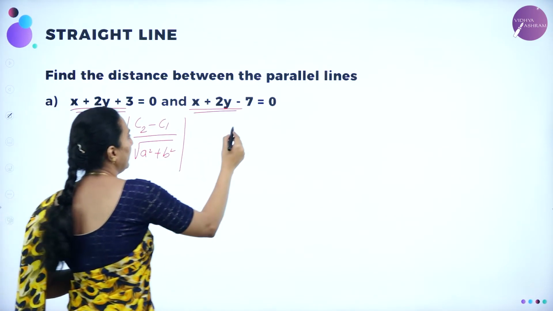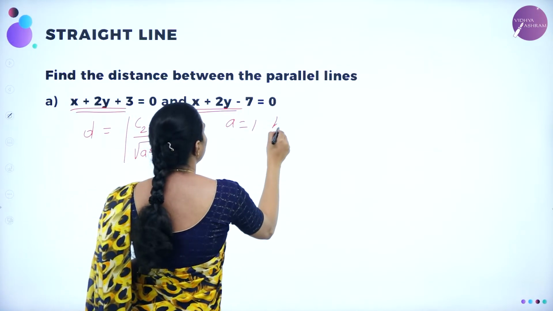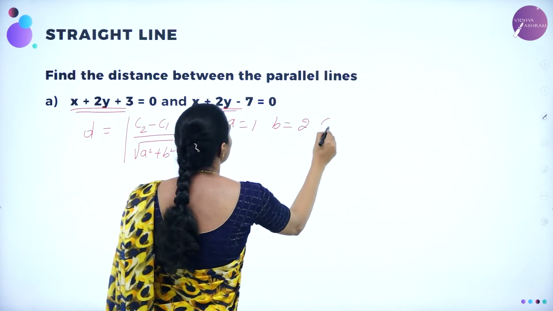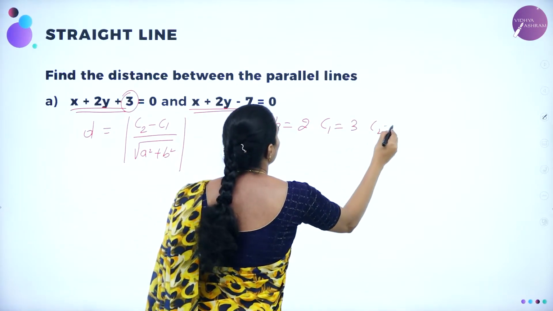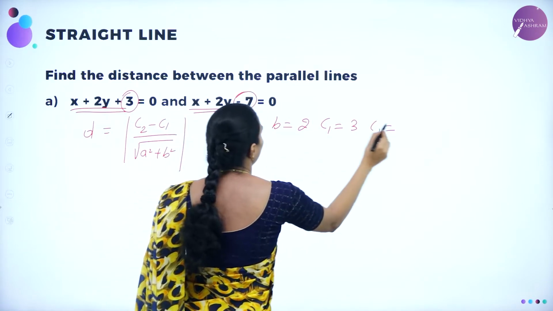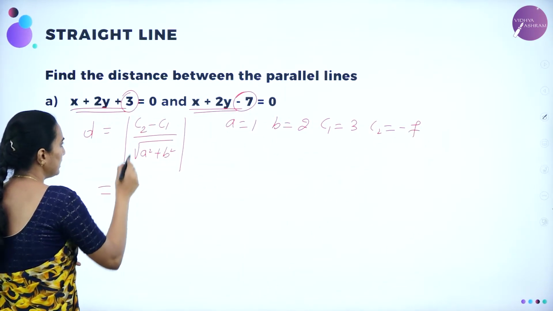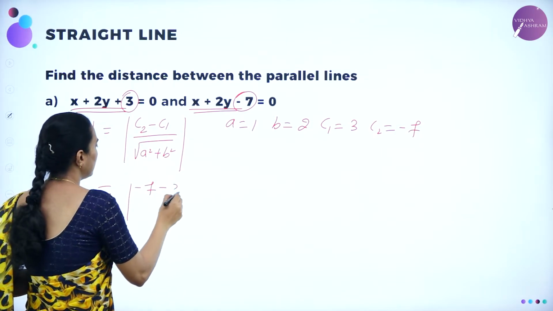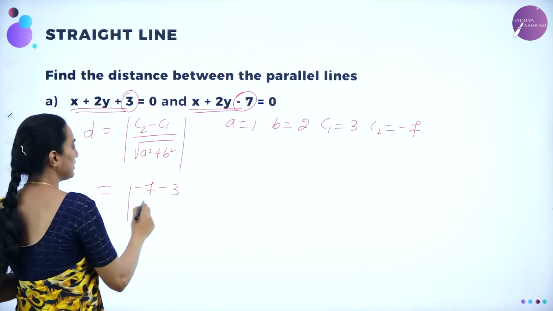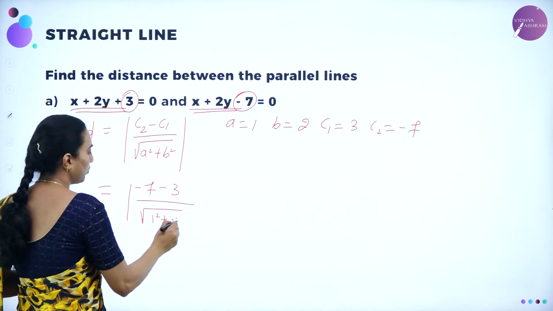So take it as A is equal to 1, B is equal to 2, C1 is nothing but taking this one as 3, and C2 is from this line I am taking as minus 7. Now substituting in the formula, C2 is minus 7 and C1 is 3, divided by the square root of A, which is 1 squared, plus B, which is 2 squared.